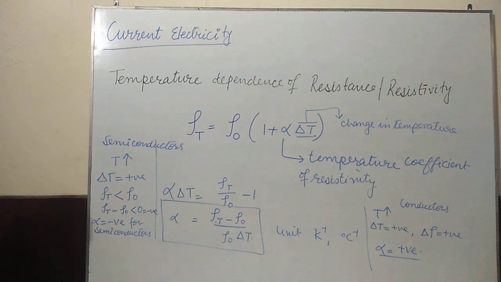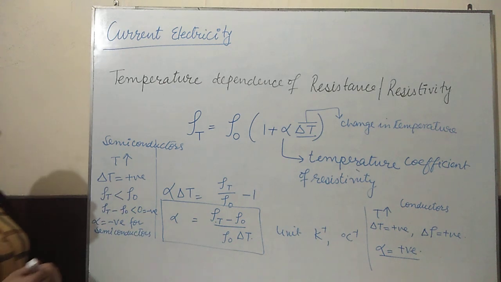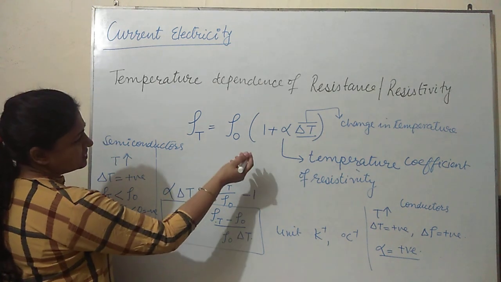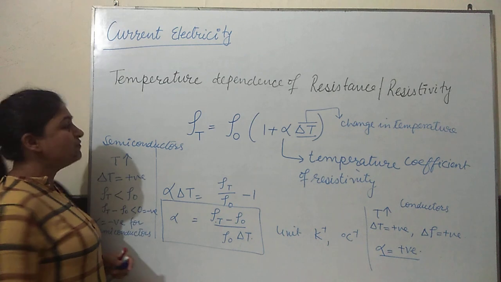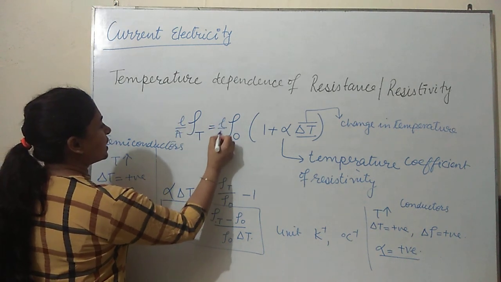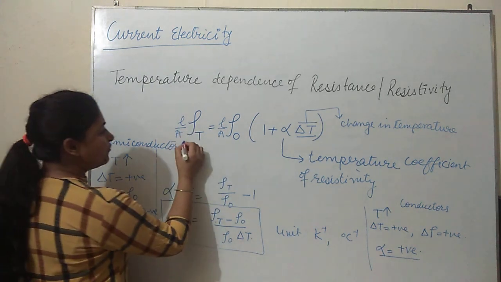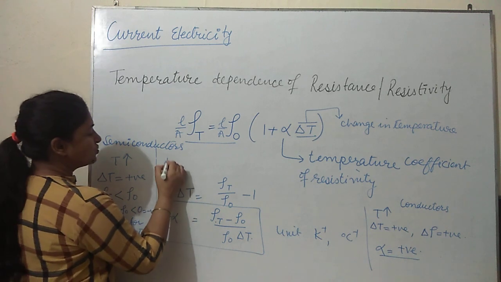Let me draw some graphs. This was the case of resistivity. If the resistance is given, then also you can use the same formula. What you have to do is multiply by L over A: rho times L over A is the resistance. So the same formula can be used for resistance also.